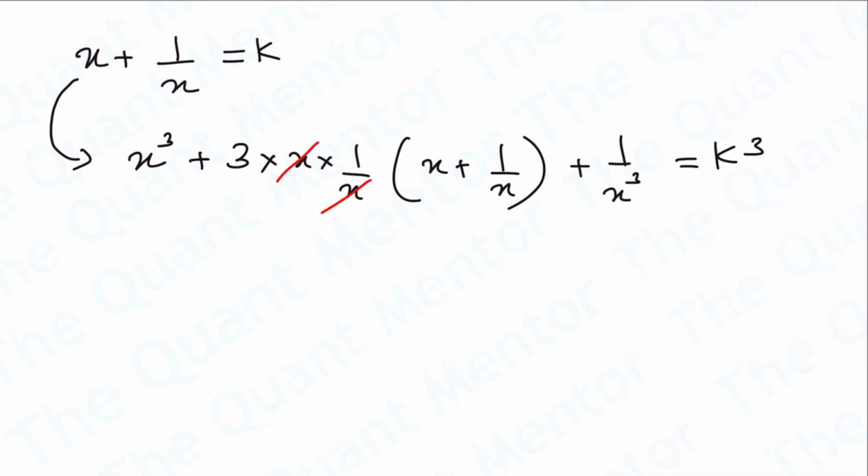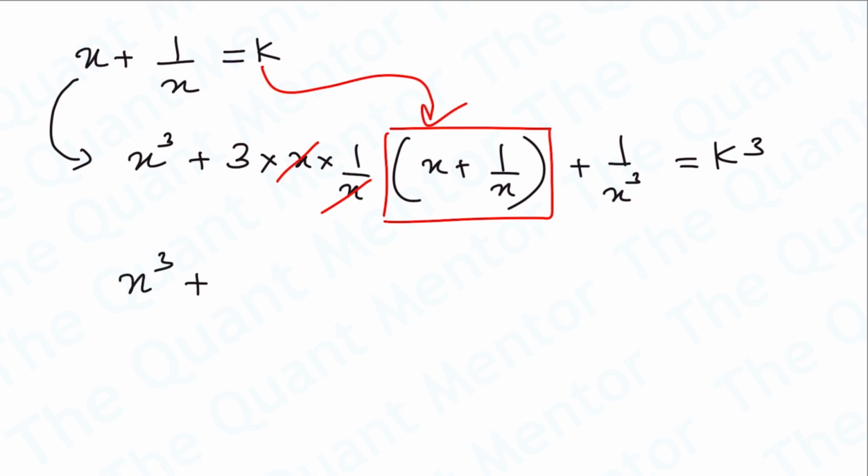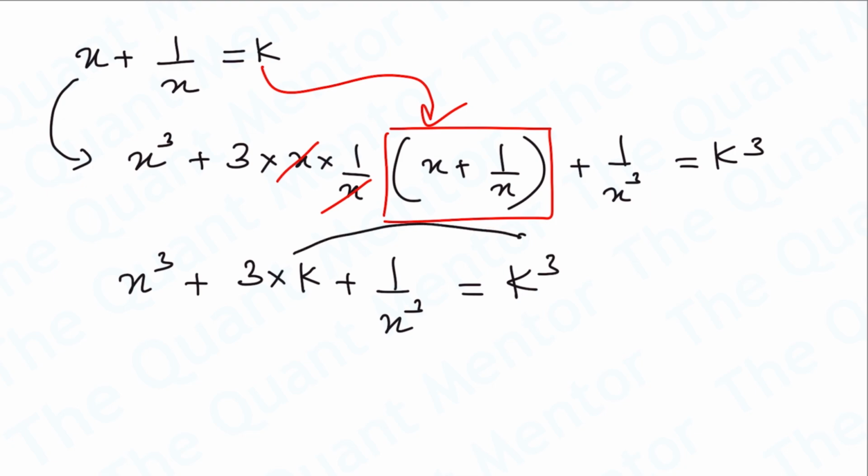Once again, this x gets cancelled out and x plus 1 upon x will be worth k. So I'll get x cube plus 3 into k plus 1 upon x cube is equal to k cube. Taking this 3k on the right hand side, I will get x cube plus 1 upon x cube is equal to k cube minus 3k.